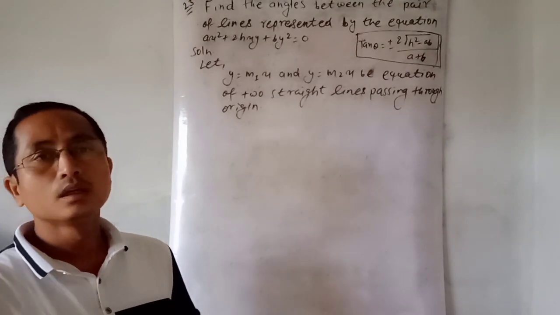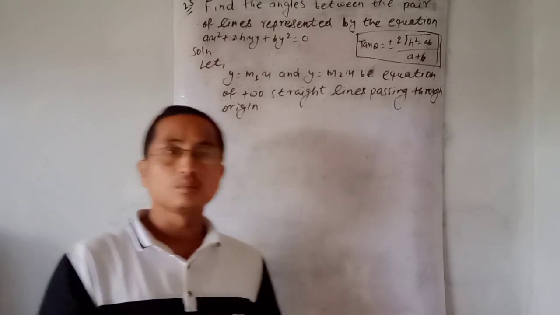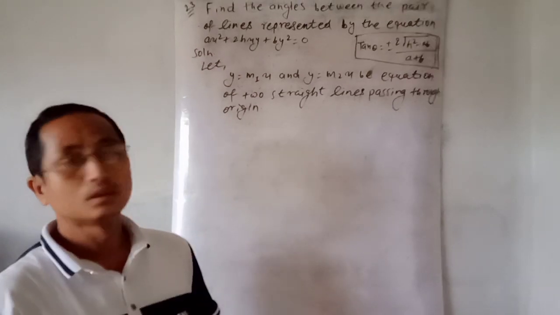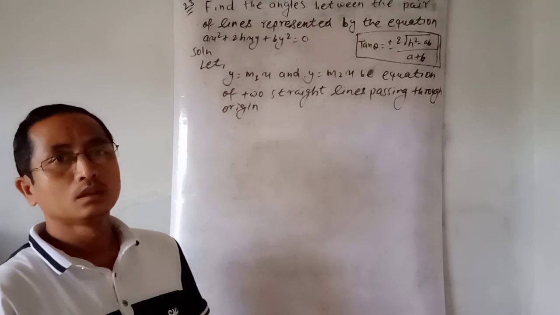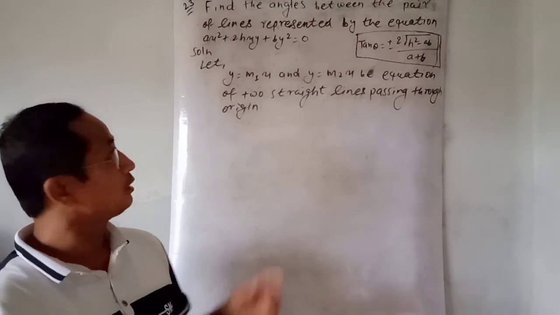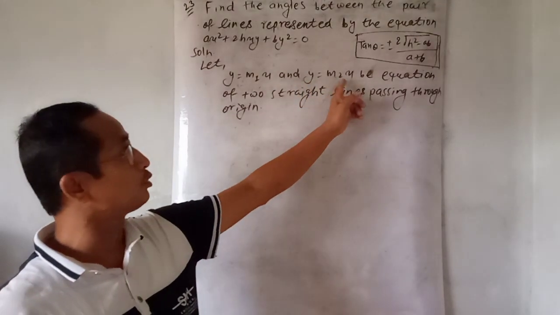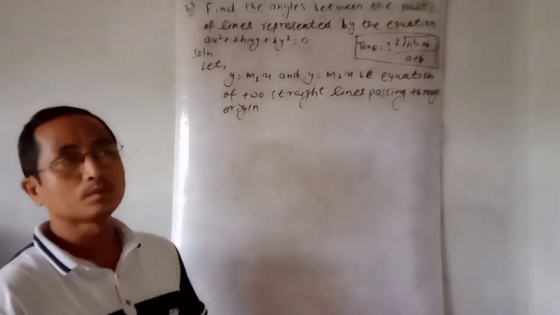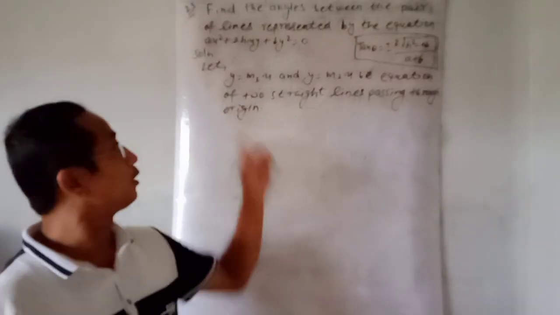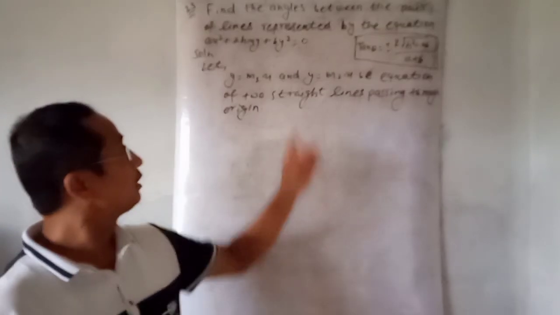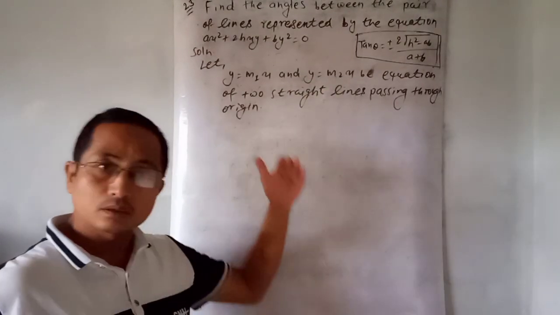That's why the y-intercept is 0, means the value of c is 0. So y is equal to m1x be the equation of a straight line. In a similar way, y is equal to m2x be the equation of another straight line, where m1 is the slope of the first line, m2 is the slope of the second line.